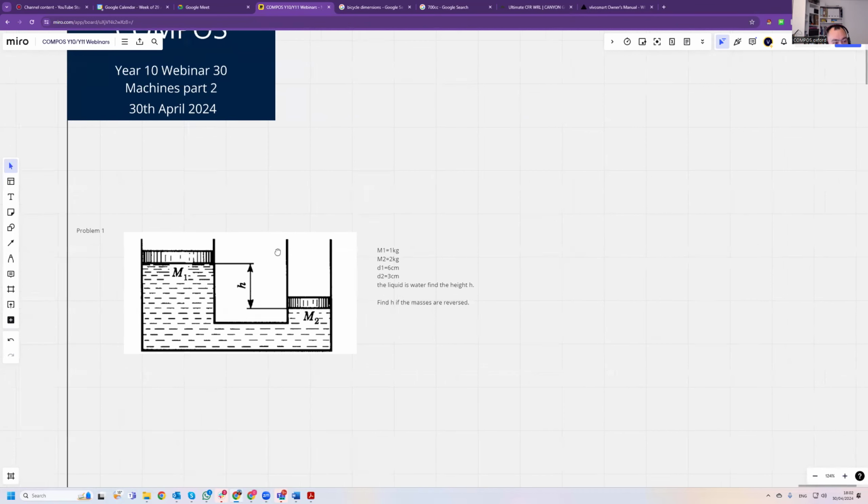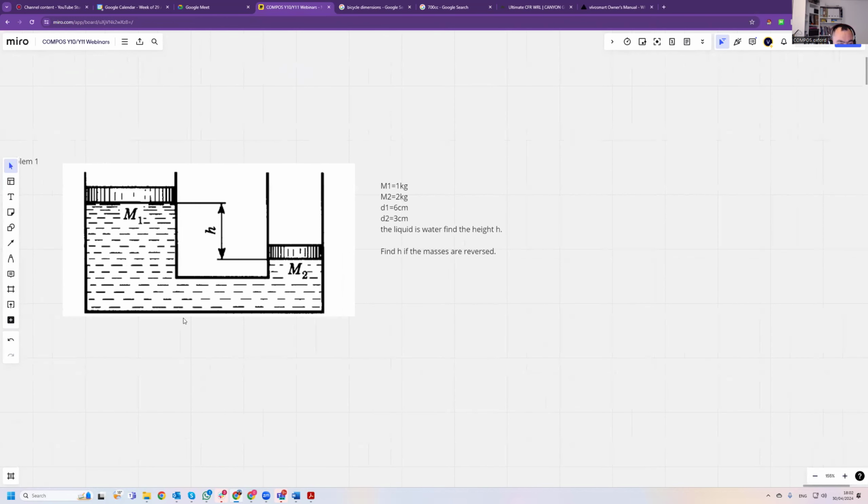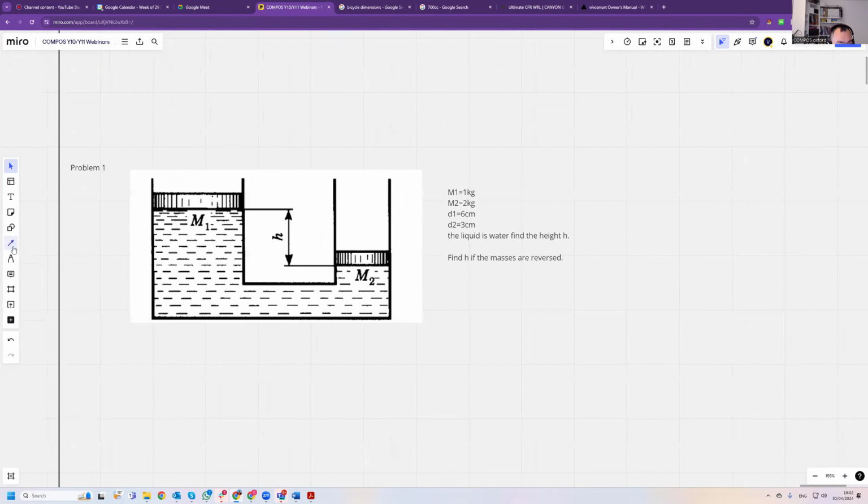So problem 1, we have 2 pistons, and from the picture you can immediately tell which piston is heavier. Well, actually no, that's not true. Even if the pistons were the same mass, there could still be a difference in height. But anyways, M1 is 1 kilogram, and M2 is 2 kilograms.